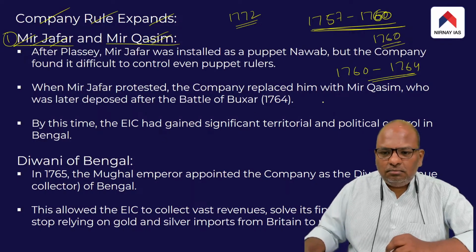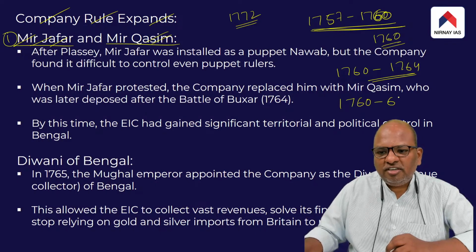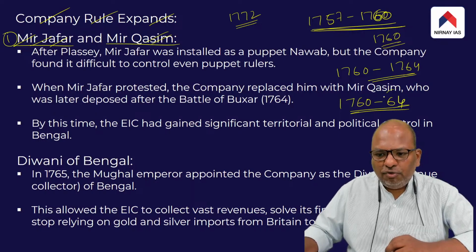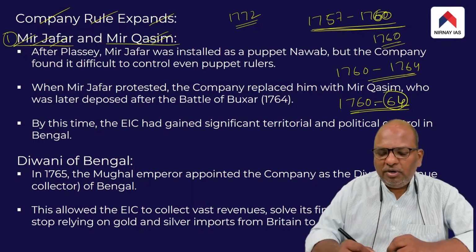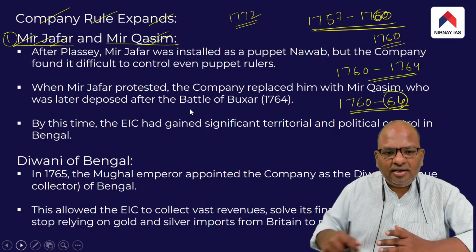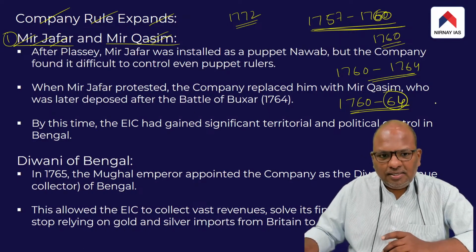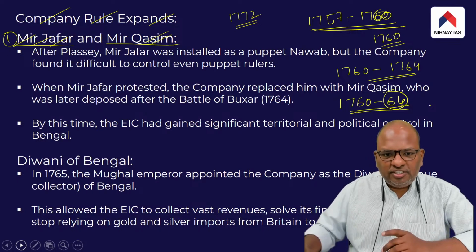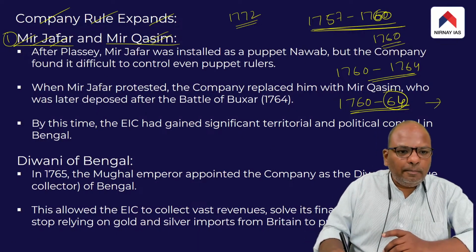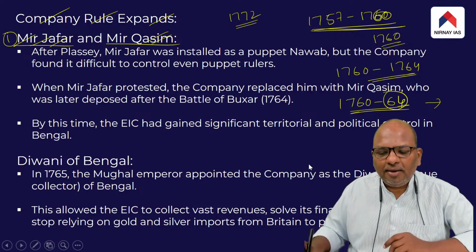Mir Qasim remained the ruler of Bengal between 1760 and 1764, for about 4 years. But in 1764, conflicts broke out between Qasim and the British, and therefore the British once again removed Qasim from the throne and replaced him with Mir Jafar as the ruler of Bengal.